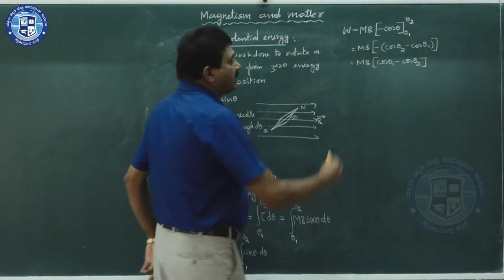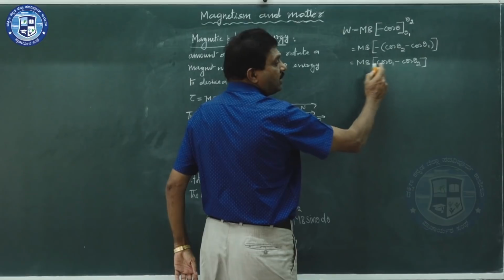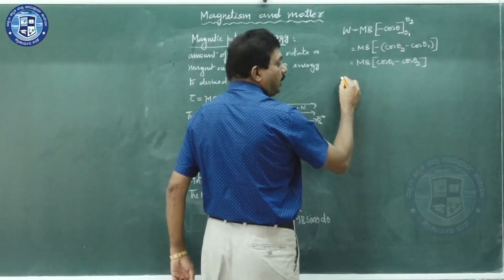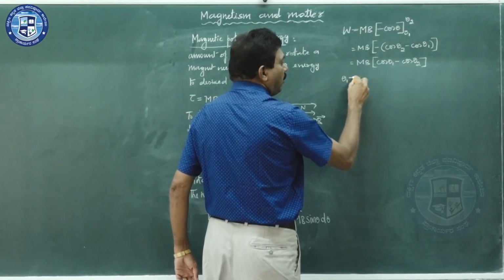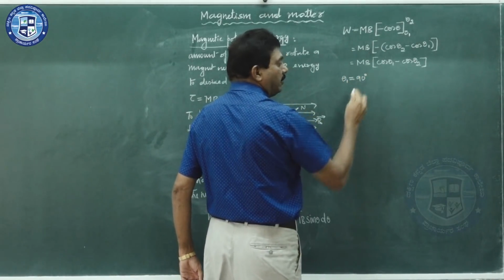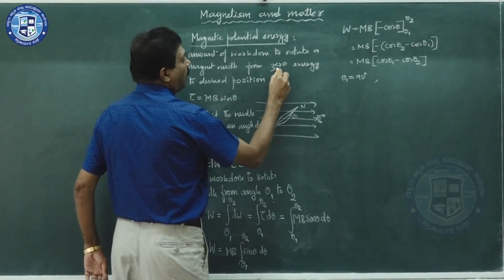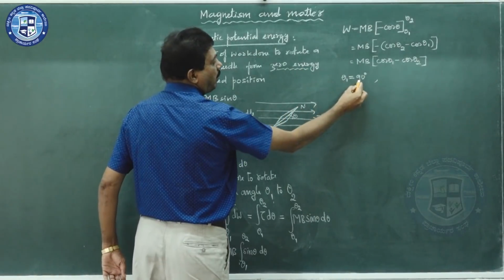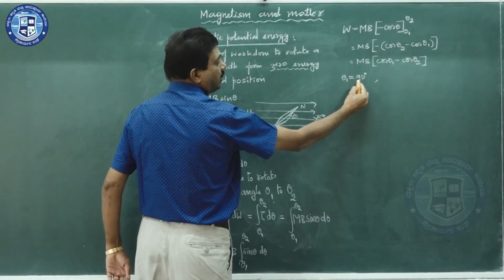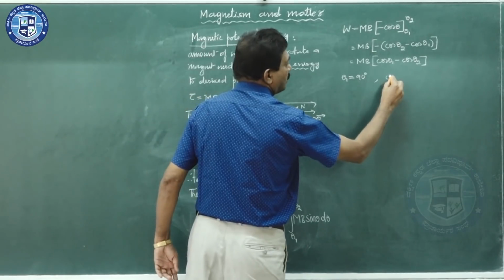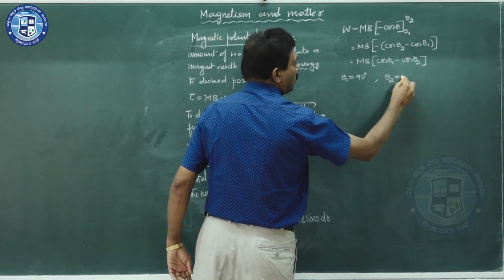So mB cos theta 1, we will make it zero energy. By what way can you make it zero energy? By substituting theta 1 is equal to 90 degree. Zero energy is obtained by substituting theta 1 is equal to 90 degree, and the desired position, say theta 2, is equal to theta.